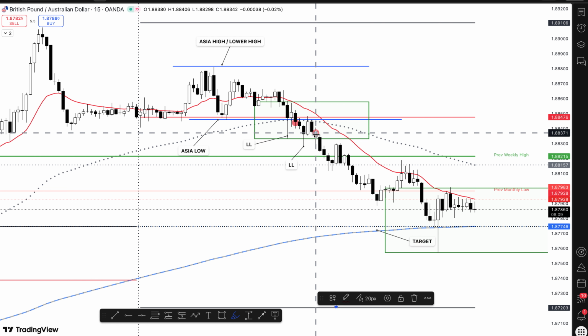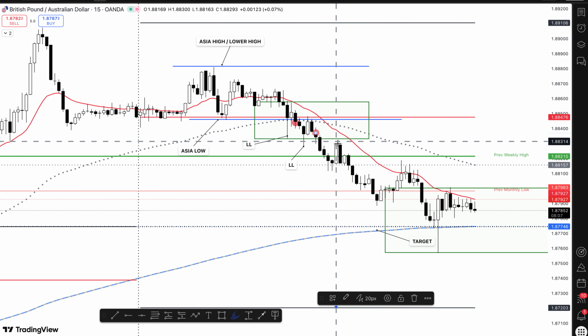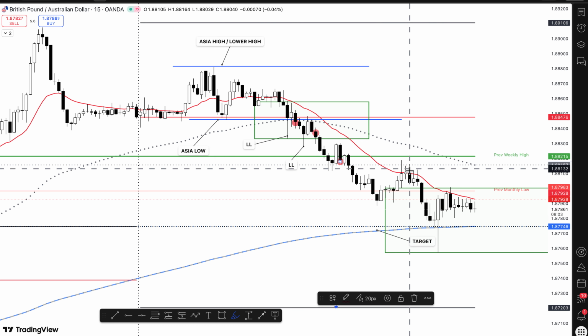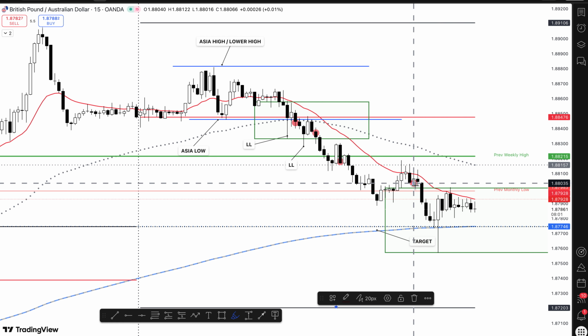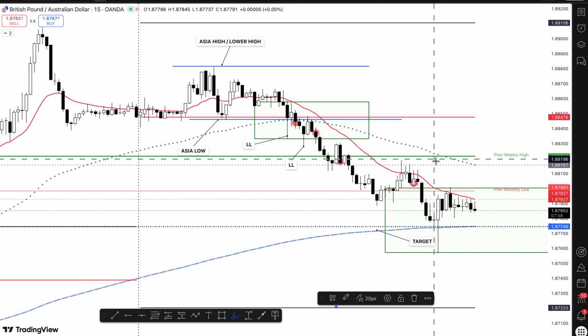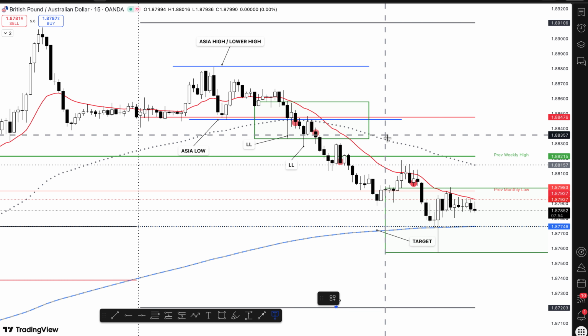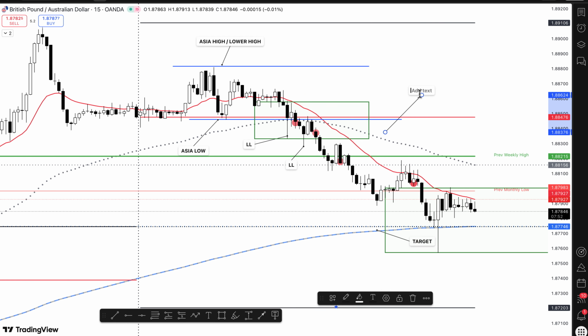After the lower low pump, wait for the bearish engulfment to come out. That is your entry. It is as simple as that, but if you want to complicate it, it will make it very difficult for you. So this is the best trade of today.